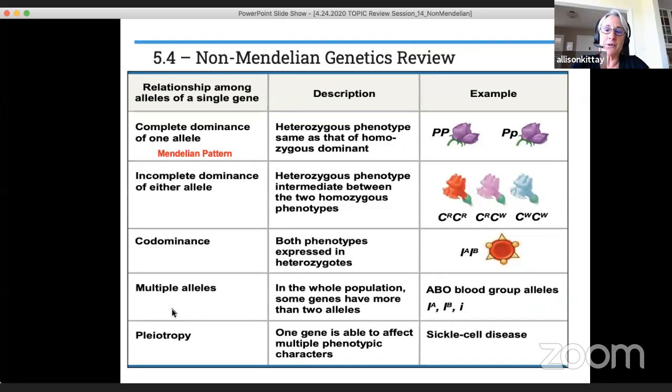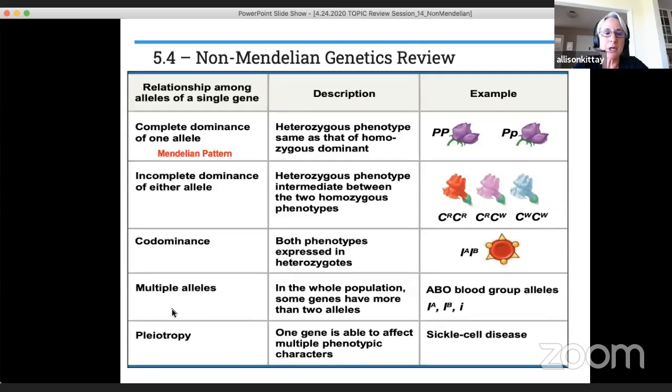So just a quick review of all of the non-Mendelian inheritance patterns that we just talked about. To get the range of dominance, complete dominance of one allele over another is the Mendelian inheritance pattern. You have incomplete dominance, where the classic example is seen in flower color. Don't forget your roan cattle or your blue chickens, which are actually gray because the two phenotypes are black and white.